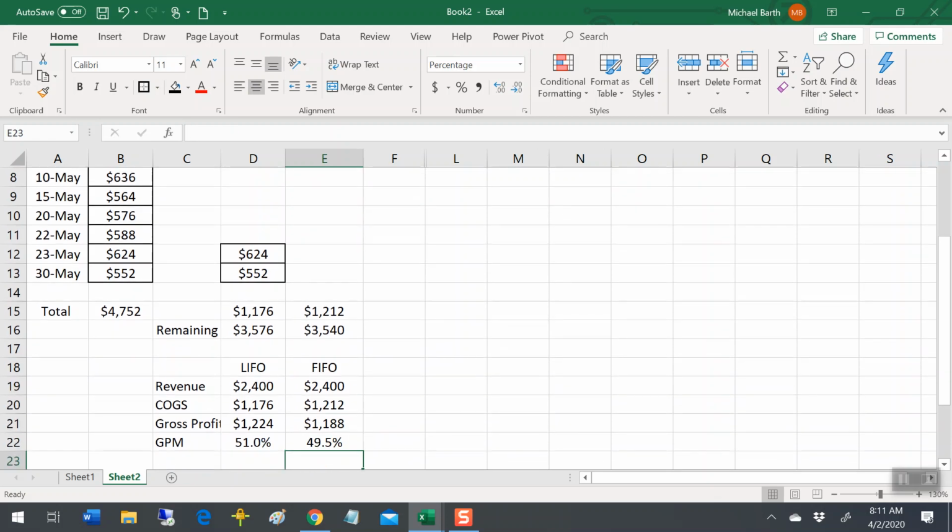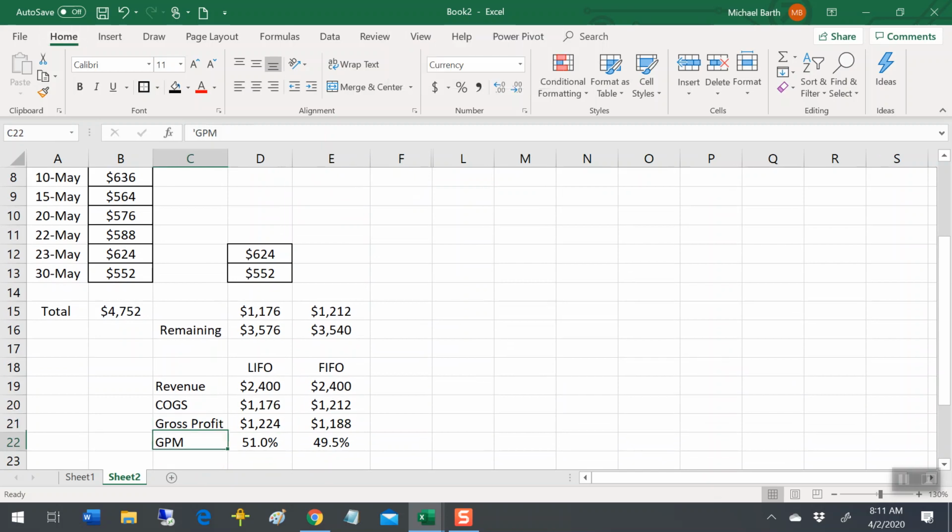In essence, what that means is your gross profit's going to be different, and your gross profit margin's going to be different depending on whether you're doing LIFO or FIFO. Your inventory is going to be different. Once you've sold some of the inventory, remember they paid $47.52 for it, but now their remaining inventory is going to be different depending on which crates you assume you sold.